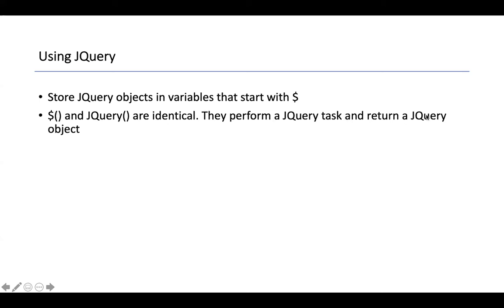And they always return a jQuery object. And by convention, when you get a jQuery object back, you store it in a variable that starts with a $ sign. Just that way, someone reading your code knows if they see a $ sign variable that it is likely storing a jQuery object.